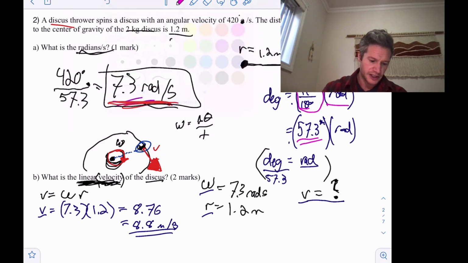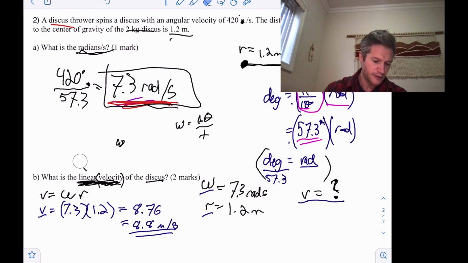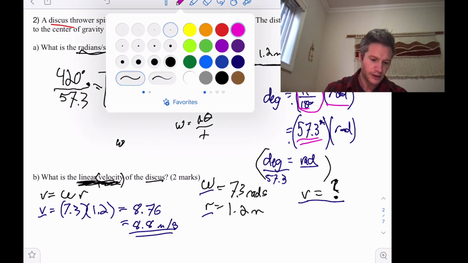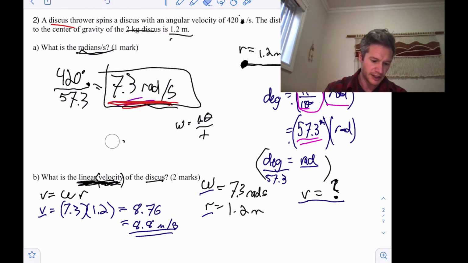So again, just a little concept check-in on that. What we're saying is, as the discus thrower is spinning around, here's our discus thrower. As they're whipping around, maybe starting in this position, here's their hand, that's the discus.